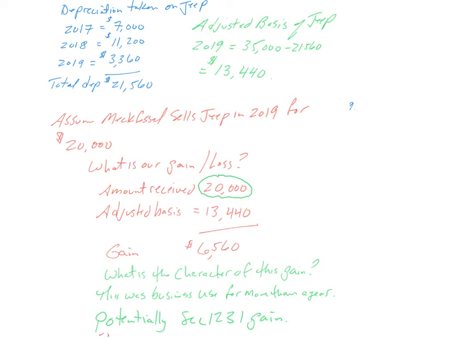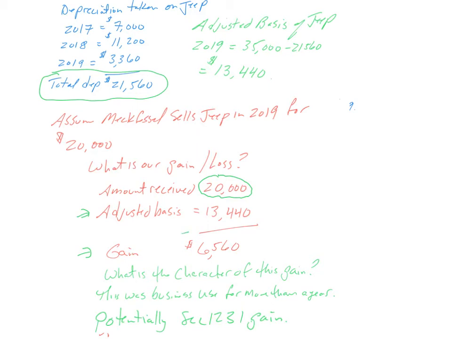And what that did was reduced our adjusted basis. So now, instead of that asset generating a loss, it generates a gain. If this gain were to automatically be treated as a long-term capital gain, then that would potentially be double dipping. All right. And we can see that in this situation, our total depreciation that we took through the years is over $21,000.